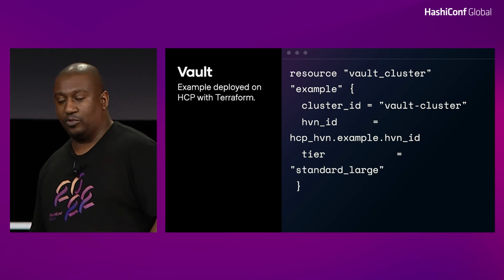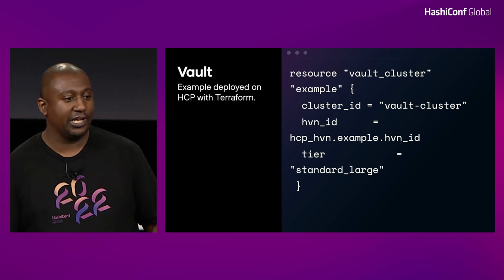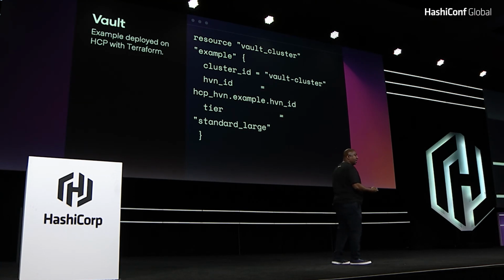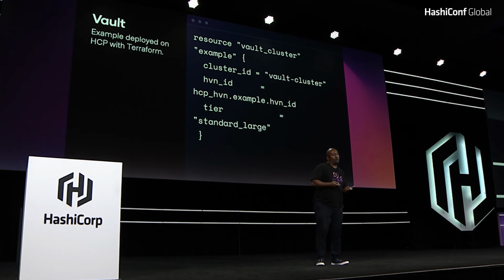We'll look at another example. This is Vault. Again, give it a cluster ID, right? What do you want to call this cluster? What HashiCorp virtual network do you want to deploy this cluster on? When we think about how our clouds work, we tend to have VPCs in AWS or VNets or whatever the networking construct is in your cloud provider, or in HashiCorp Cloud Platform. It's the same thing.